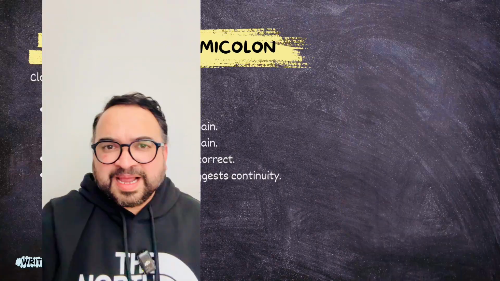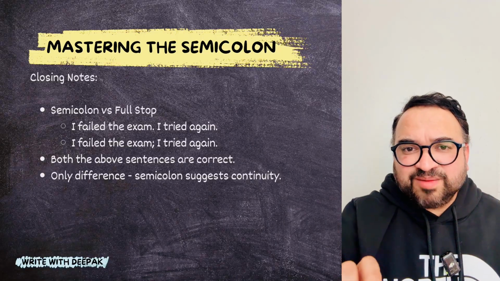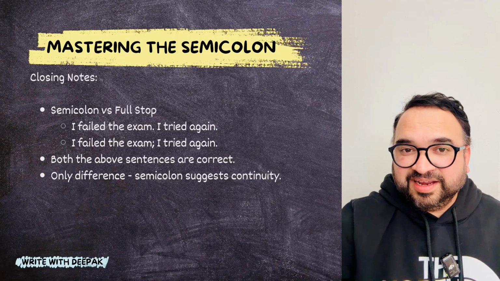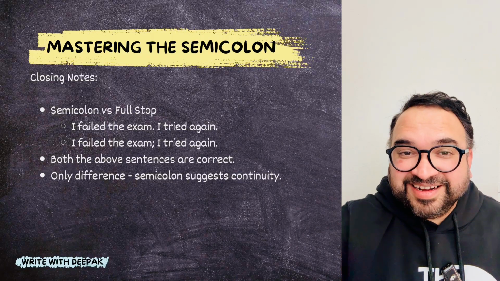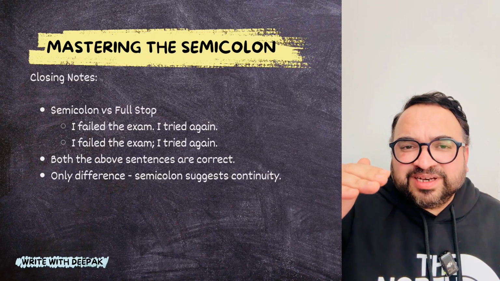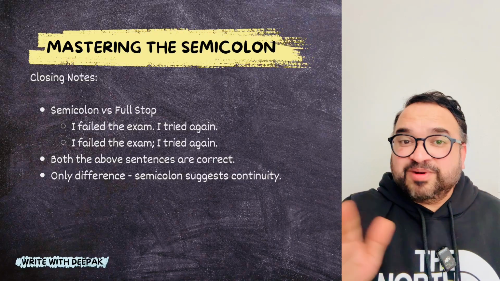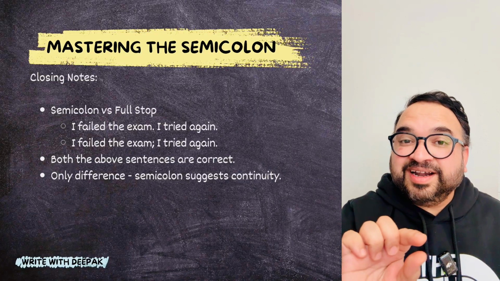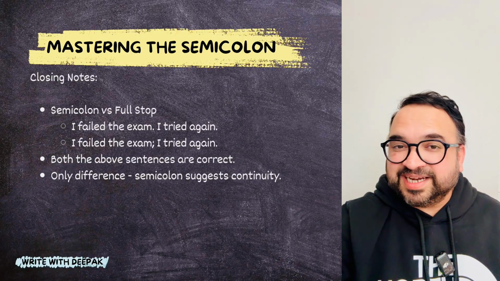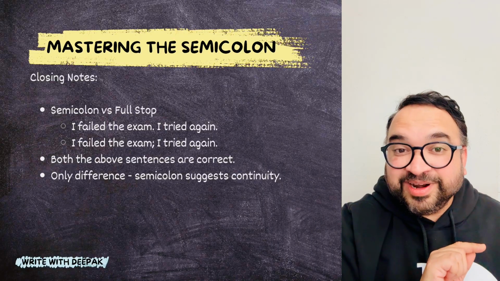It looks elegant. Look at this example. I failed the exam, full stop, I tried again. I failed the exam, semicolon, I tried again. In the first one, okay, it looks pretty simple, but it is correct. In the second one, there is a pause because there is a thought continuity from the first sentence to the second sentence. That is what the semicolon does.